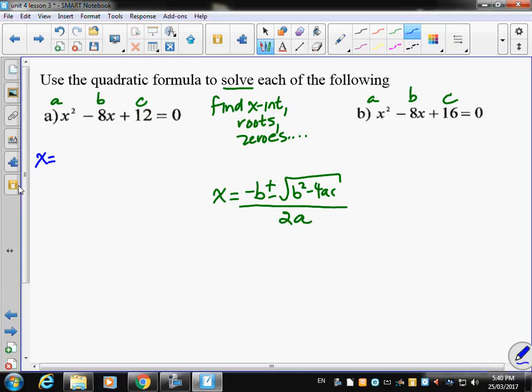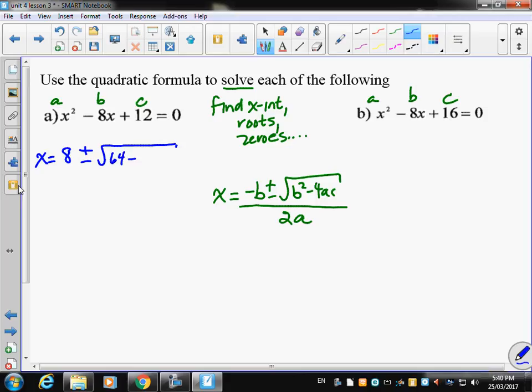For the first one, x is, and I've got to put the right numbers into the equation in the right spot. So if b is negative 8 in this particular example, then in my equation I put regular 8. Add or subtract, that gives me 2 possible x-intercepts, big old square root. First thing I want under the root sign is b squared. Negative 8 squared is positive 64.